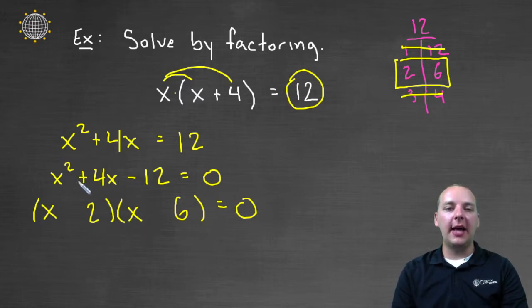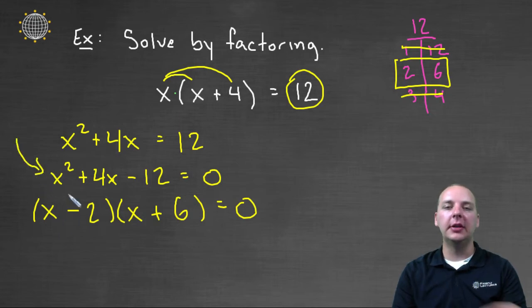So to add up to a positive 4x, it would have to be plus 6x and minus 2x. But again, I'm not saying that's the correct answer, because I also have to make sure that it multiplies to negative 12 as it should. And negative 2 times positive 6, if you FOILed these two, that actually would give you negative 12. So we're good to go. These two binomials FOIL to give you this quadratic equation. So that's how we factor by trial and error.